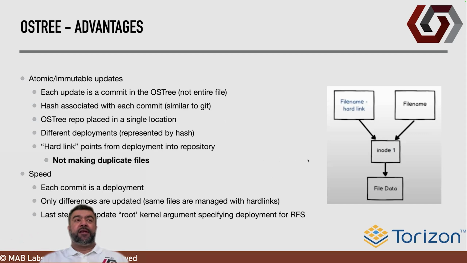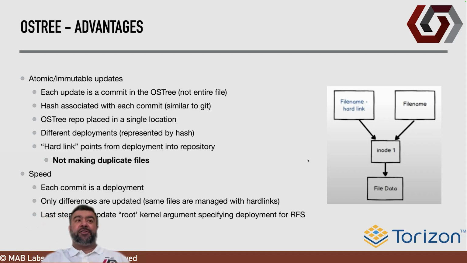One of the advantages of OSTree is that updates are immutable and atomic. Like I said, OSTree is similar to Git in that each update is a commit in the OSTree itself. If you're making a change to a file, the change is encapsulated in a commit. Each file is at the base level an actual file underneath, but it's not propagated across all updates themselves.